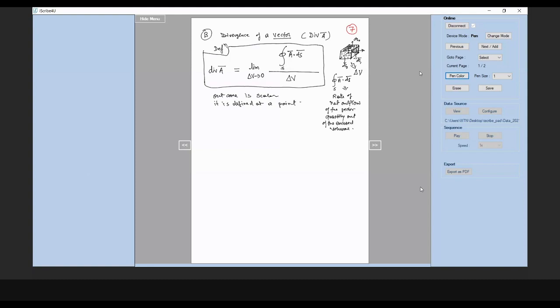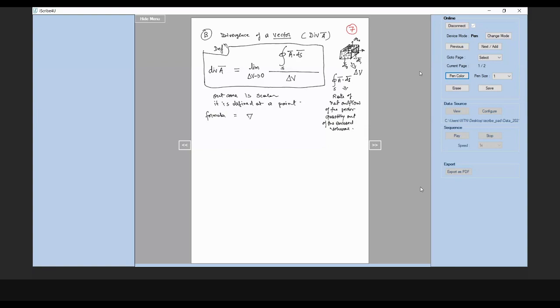Now that reminds me that this is a conceptual definition, practical definition. But what is the formula to compute it? The mathematical formula, if you want to compute divergence, is simply the dot product of the partial differential operator del and the vector quantity.